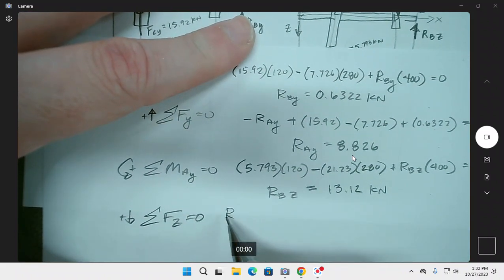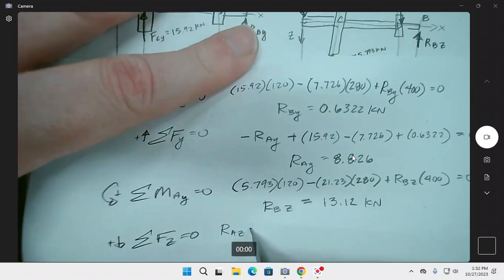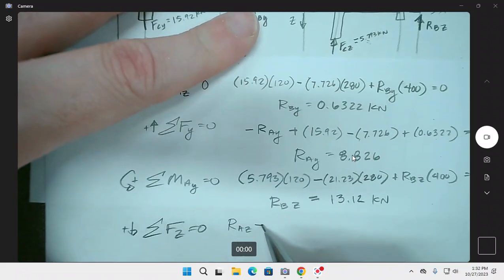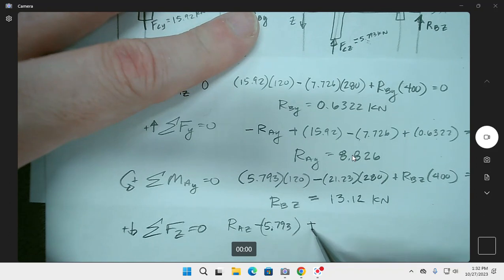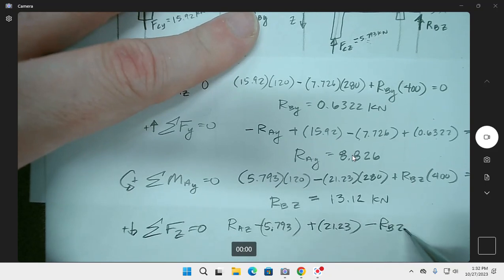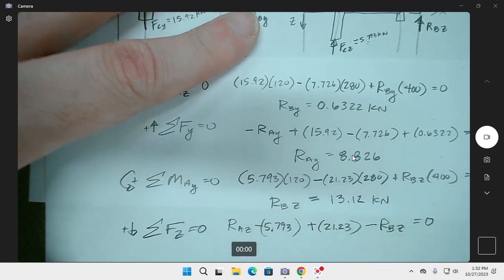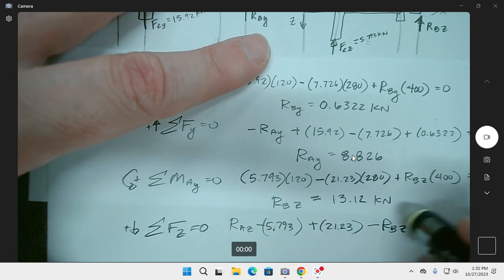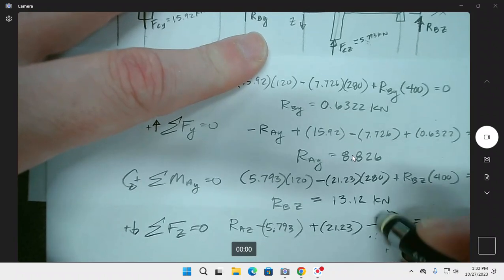So RAZ, okay, so minus 5.793 plus 21.23 minus RBZ equals 0. Not RBZ. Oh no, I should write in the value. Sorry.